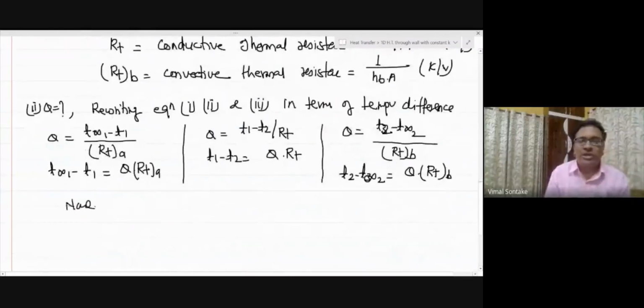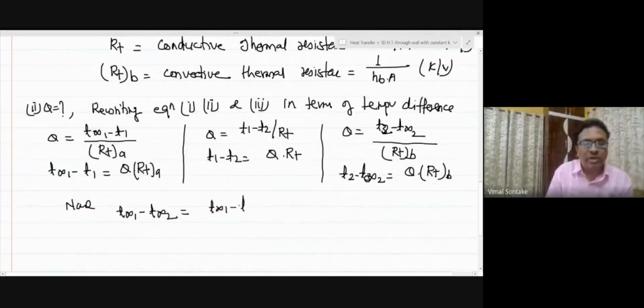Now, as T infinity 1 and T infinity 2 are the temperatures of the hot and cold fluid, and generally they are known to me, let us rewrite all these temperature differences in terms of T infinity 1 minus T infinity 2, which can further be written as T infinity 1 minus T1 plus T1 minus T2 plus T2 minus T infinity 2.